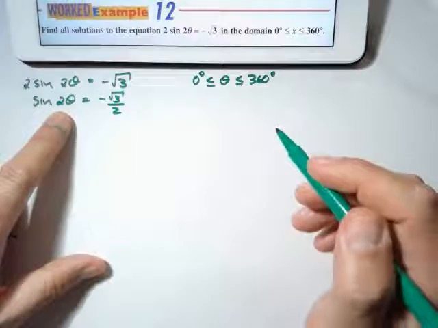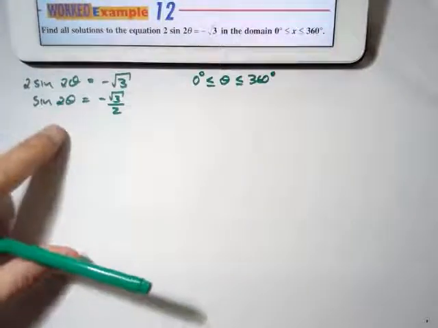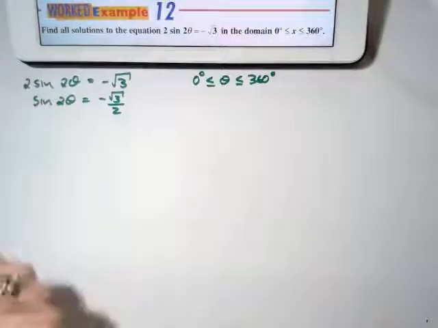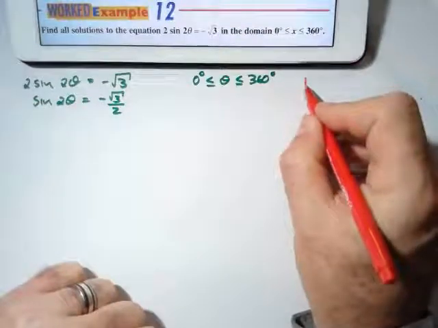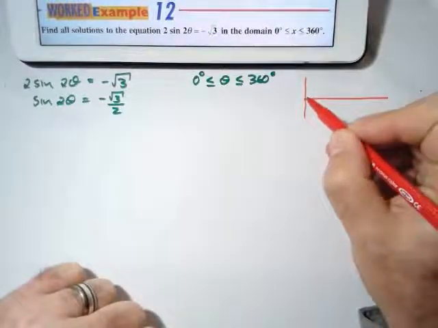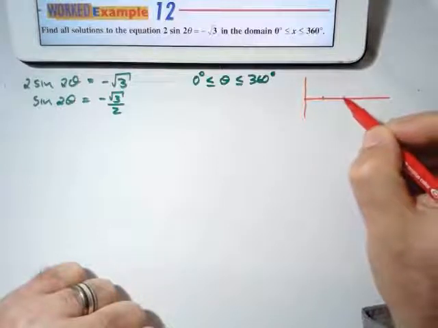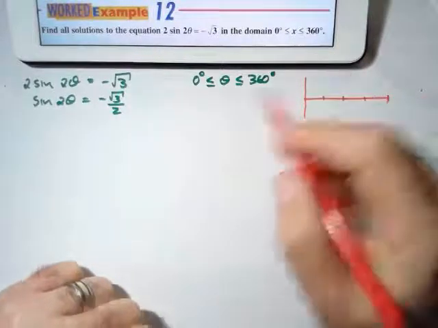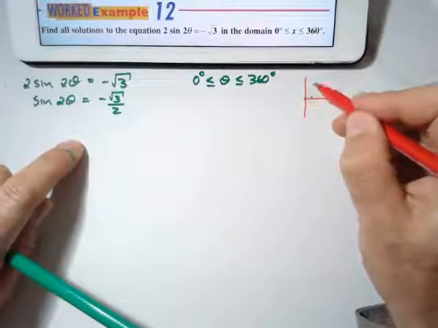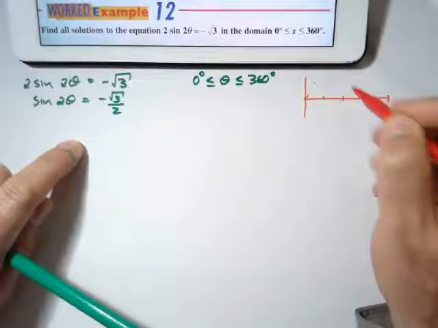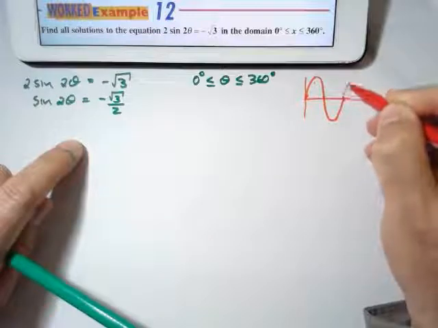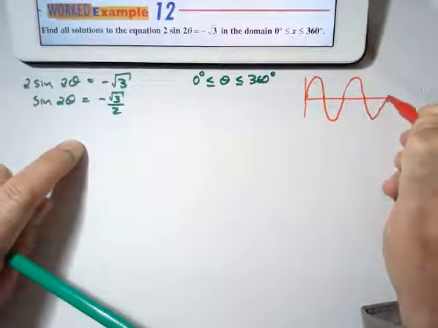2 theta makes the frequency bigger. So if I quickly have to draw this, it means that there's going to be 2 sine graphs in 360 degrees. So between 0 and 360, if that was 90, 180, 270, 360, there's now going to be 2 graphs in 360.